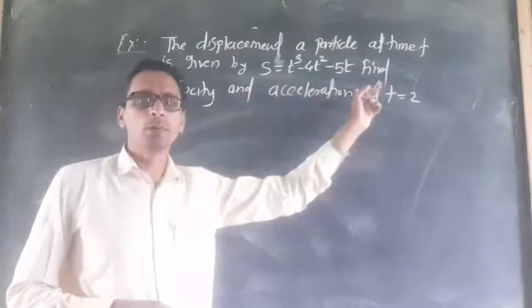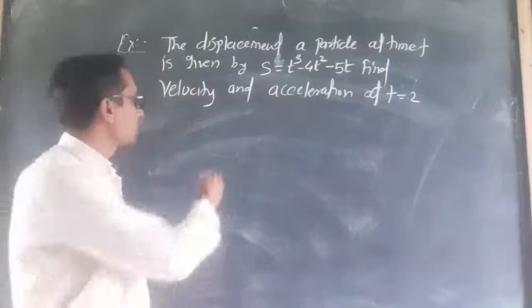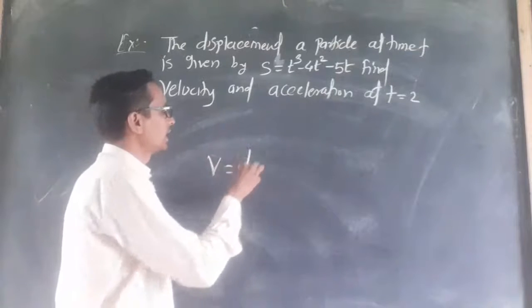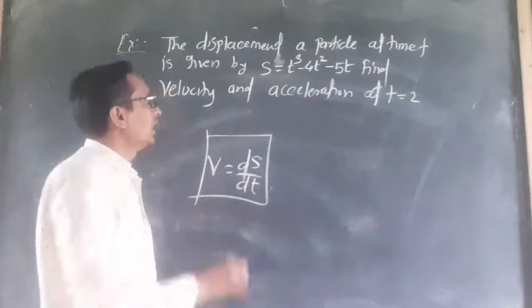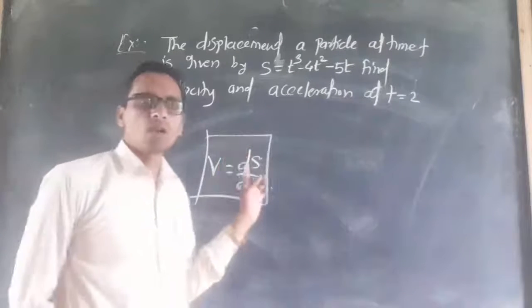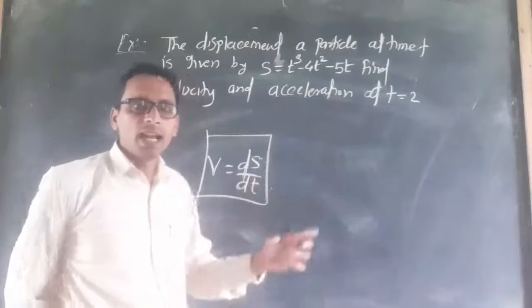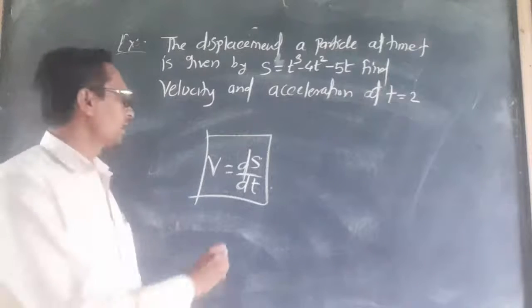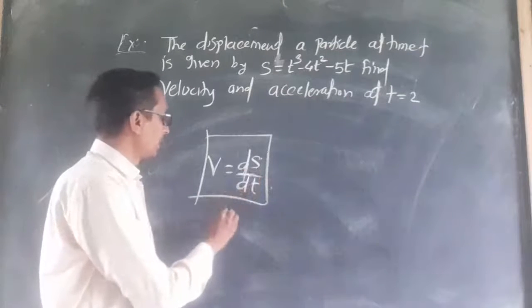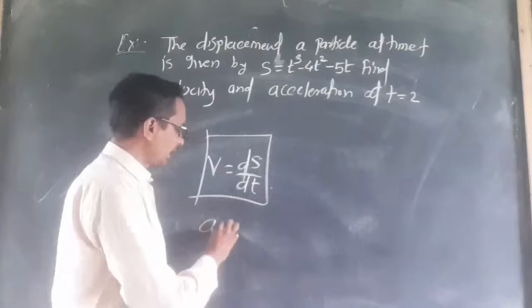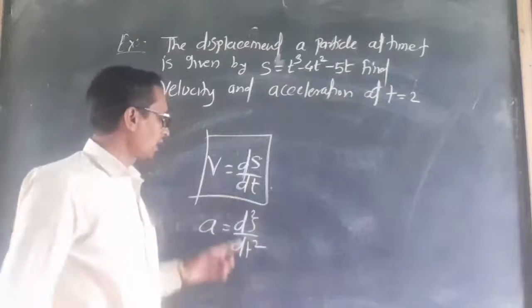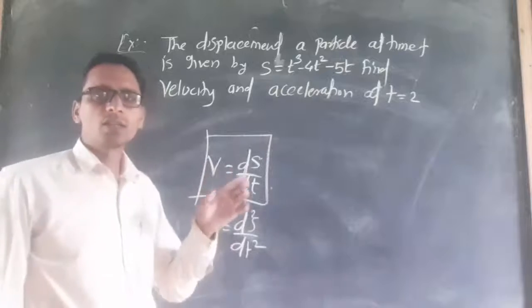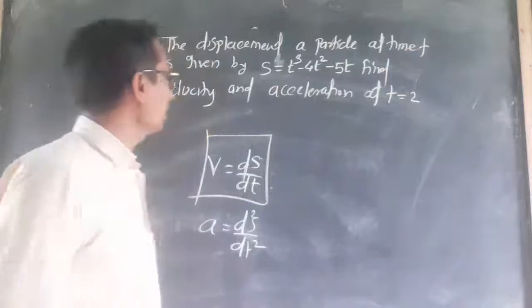We know friends what is meant by velocity. Velocity means ds by dt. This is called velocity, or derivative of s is called velocity. And acceleration means double derivative of displacement, means d square s by dt square, or derivative of v is called acceleration.